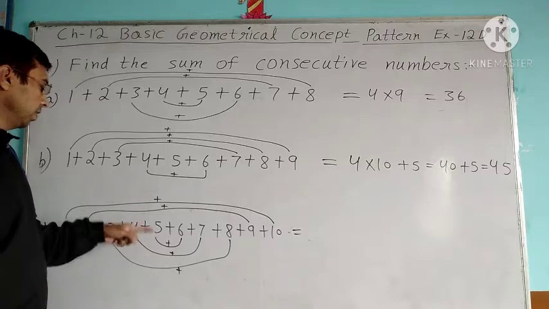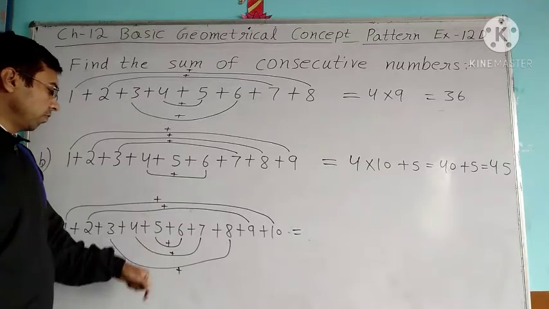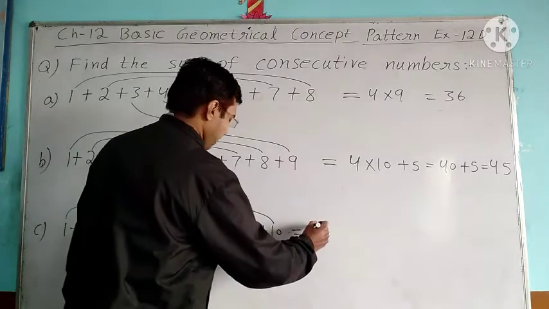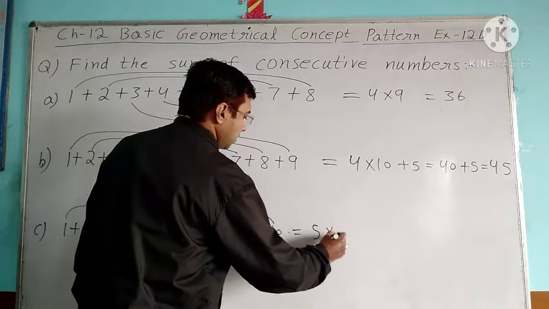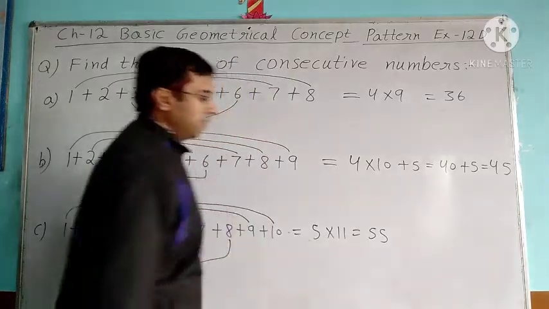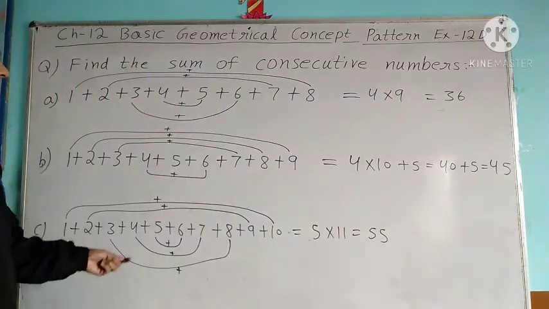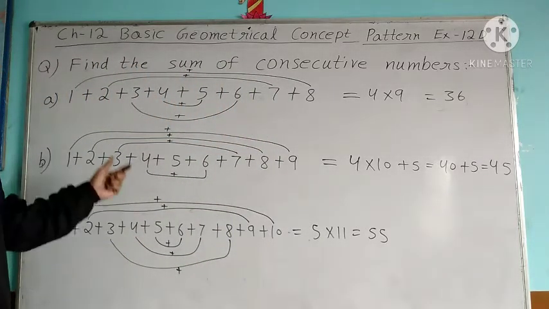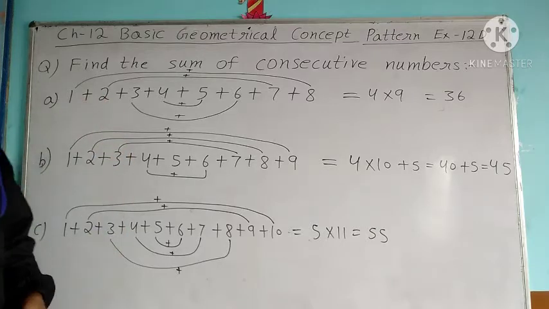So how many 11s? 1, 2, 3, 4, 5. So 5 into 11 is equal to 55. So in this way we solve this type of question, find the sum of consecutive numbers.